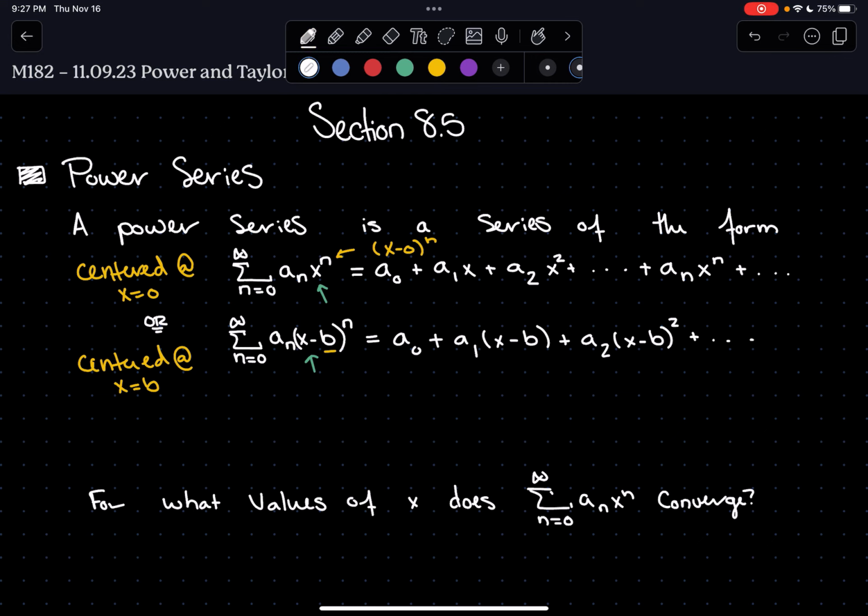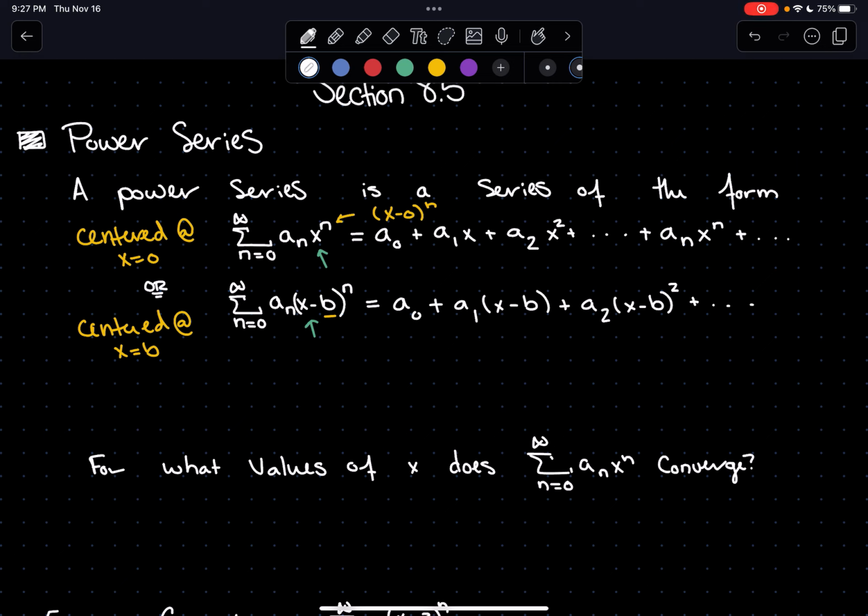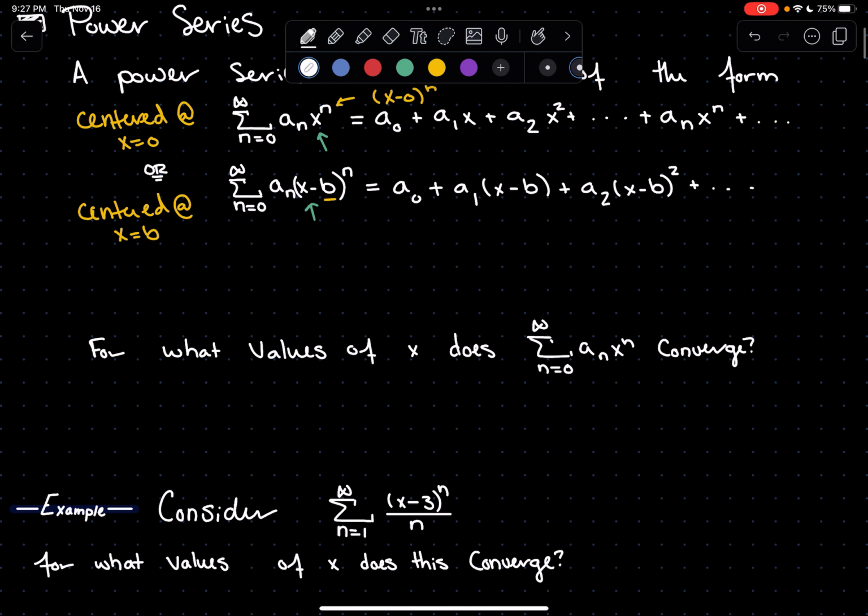What we want to do now is that because we have these values of x, our convergence might change depending on what the x value is. So it becomes important to ask, well, for what x values does this series converge, right?